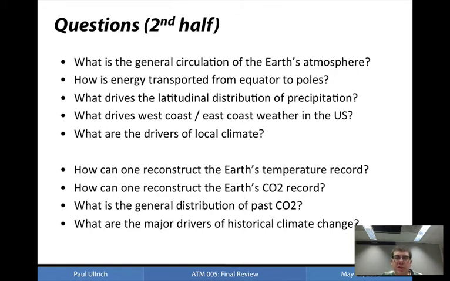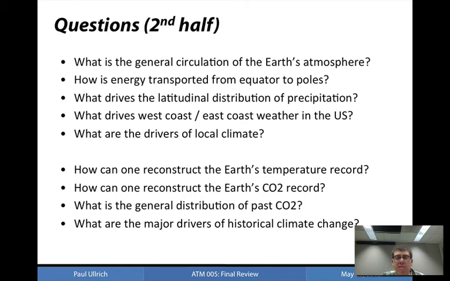The ice cores in particular are useful for carbon dioxide assessments because they actually have little bubbles in them that trap the atmospheric composition at each point in time over the Earth's history.